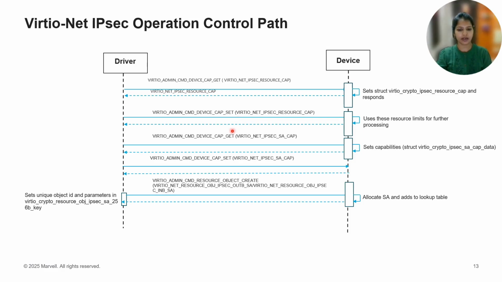The same approach applies to SA capabilities. Next, the driver uses the virtio-net resource object IPsec outbound SA or inbound SA admin command to create the SA by setting a unique object ID and all the parameters in the SA resource object structure. At this stage, the device saves this SA and adds it to a lookup table for future data processing.